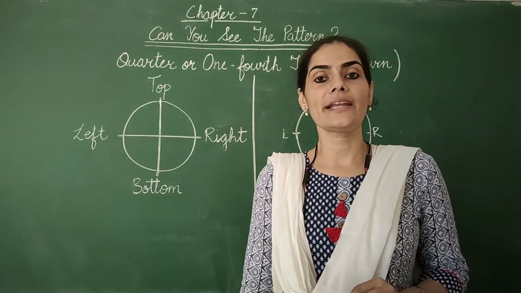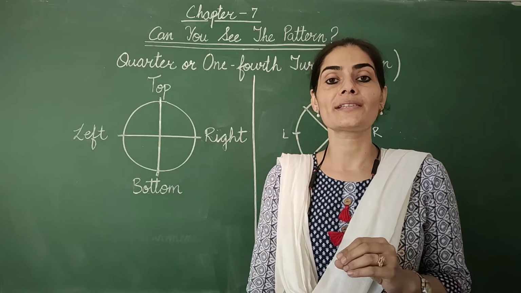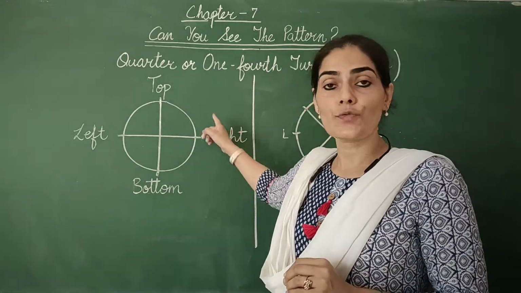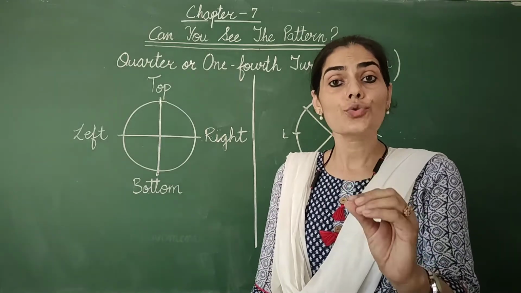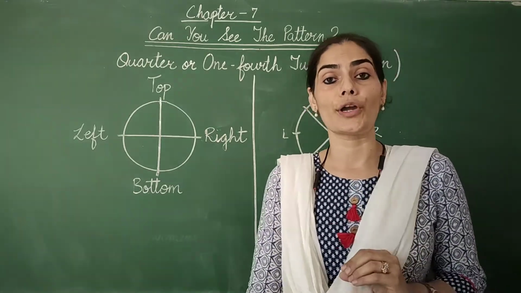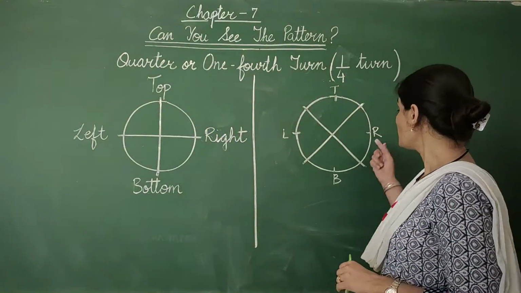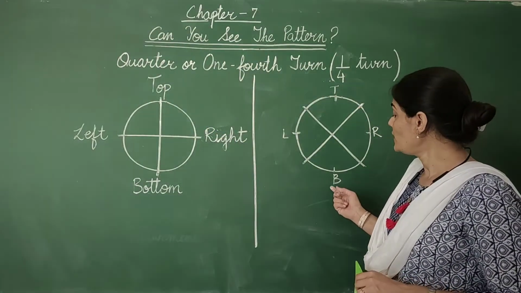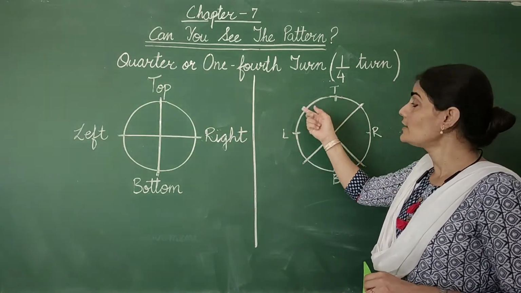As I was telling you, the position of the object is not always pointing at these 4 positions, that is top, right, bottom and left. The object could point between top and right, between right and bottom, between bottom and left, between left and top.